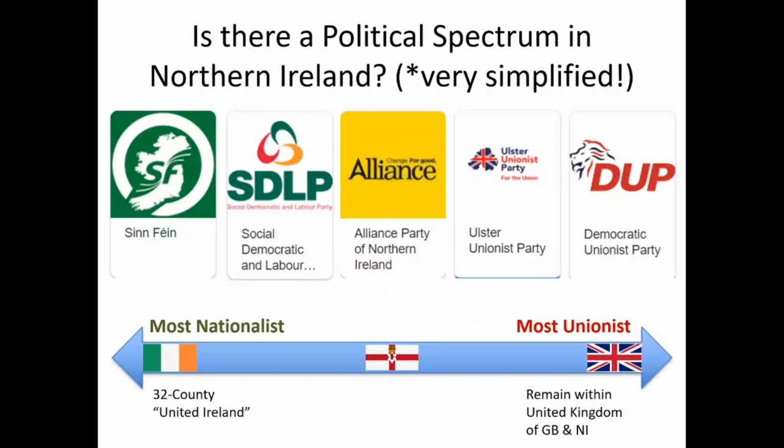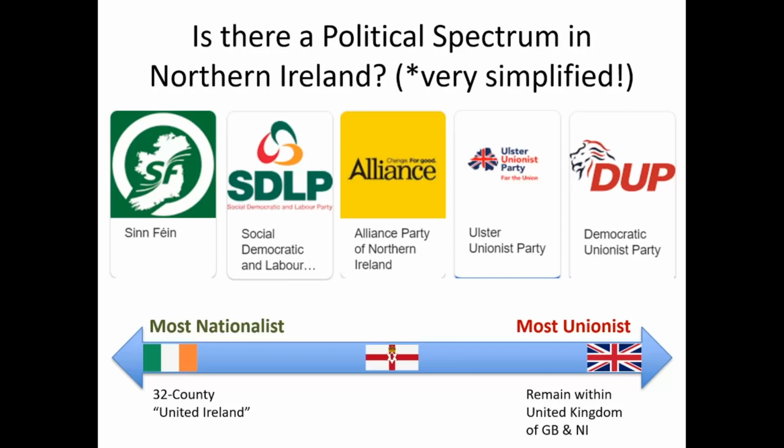So here we see a very, very simplified spectrum of how strongly nationalist or unionist you would expect somebody to be based on their party affiliation. On the very extreme right end here, we have the Democratic Unionist Party, which is quite a theocratic party. They're very strongly linked to the Protestant churches.